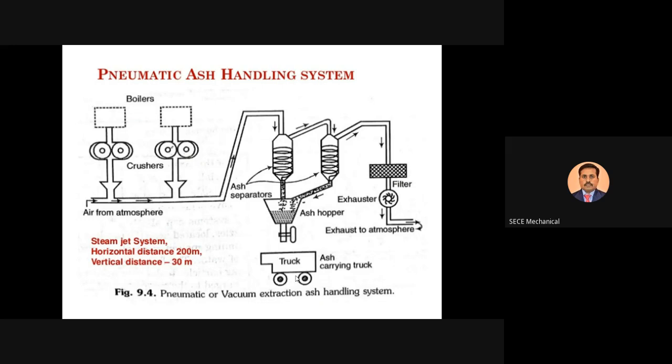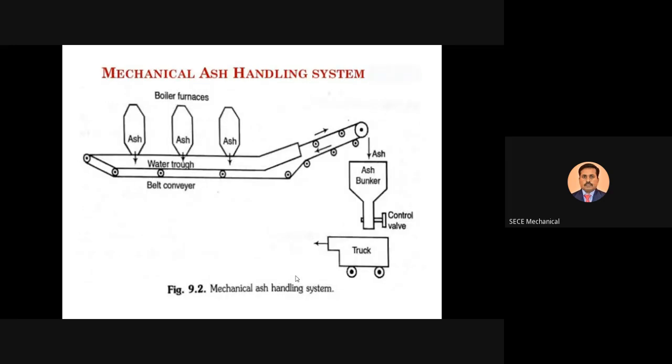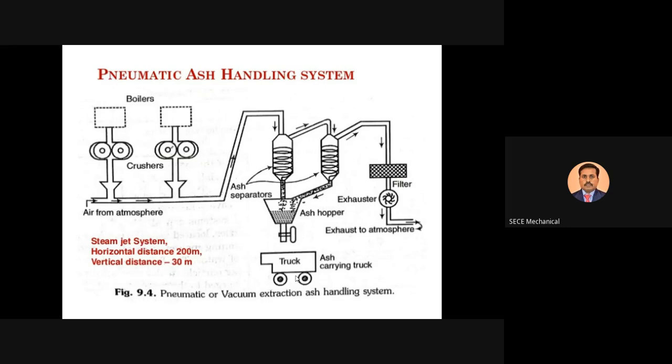Normally in the ash separator tank, similar to the control valve in the previous slide on the mechanical system, only a small particle comes out from the first ash separator.